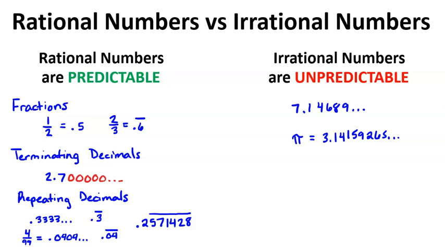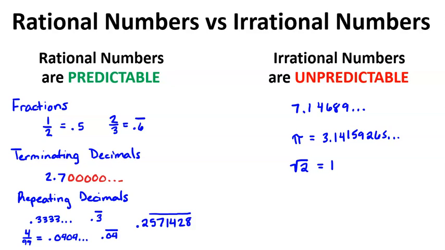Then we have these radicals or square roots. So if I take the square root of something like 2, well, there's nothing that multiplies by itself to give me 2, and that will actually give me an irrational number.